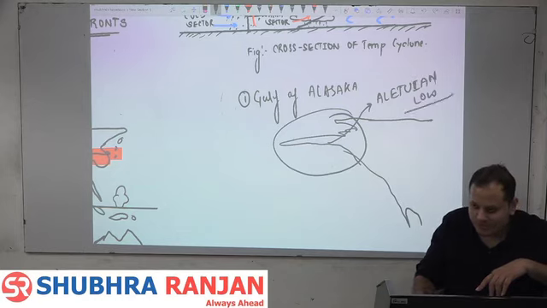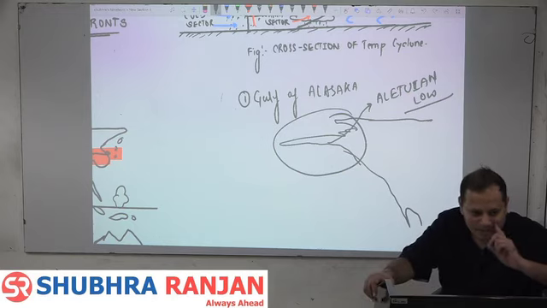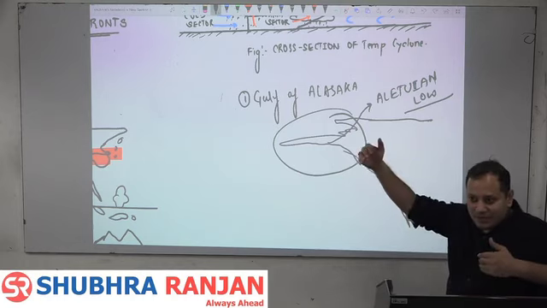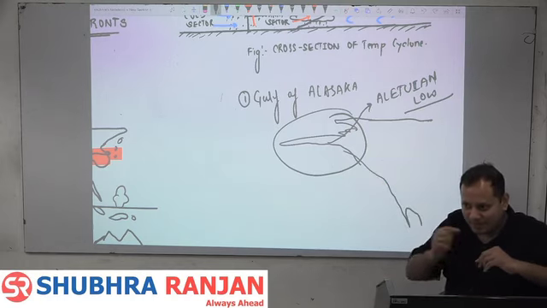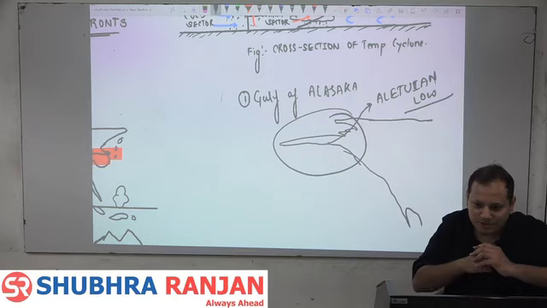Aleutian low. If you remember, a permanent low pressure belt in the northern hemisphere, Aleutian low. So it is a subpolar low pressure belt where the warm westerlies and the cold polar easterlies will always be attracted. Therefore, because of the formation of the Aleutian low.